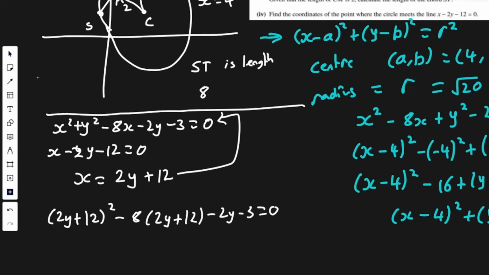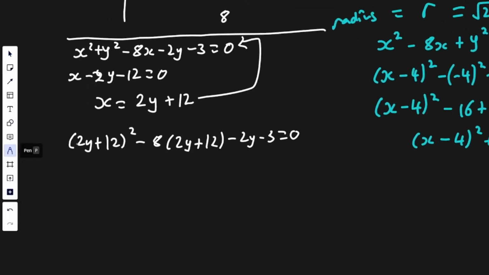So let's quickly do this. So we're going to get 4y squared plus 2y times 12 times 2, so 48y, plus 12 squared, minus, well, that's going to be 16y. Remember, the negative is often forgotten about in the second part of the bracket, so minus 8 times 12, which is 96.